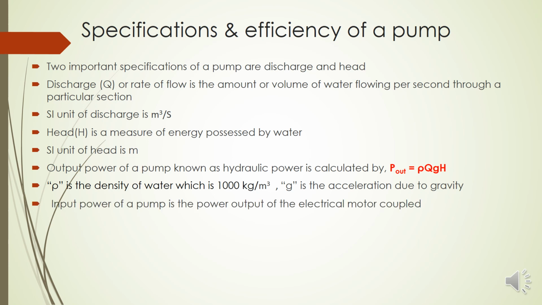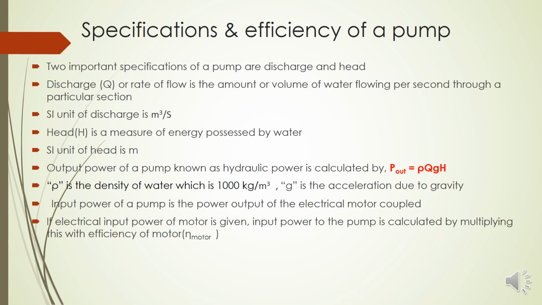Now what is the input of the pump? So input is given by an electrical motor. In some questions it will be directly given as the output of motor or input of pump. But if the electrical power consumed by the motor is given, you have to multiply by efficiency of motor, because some energy will be lost in the motor.